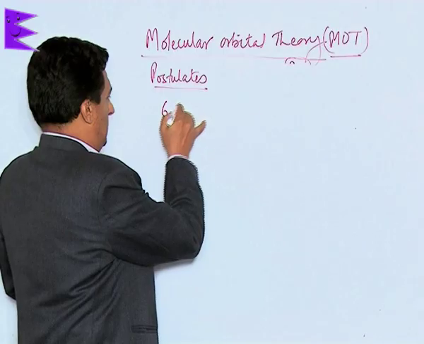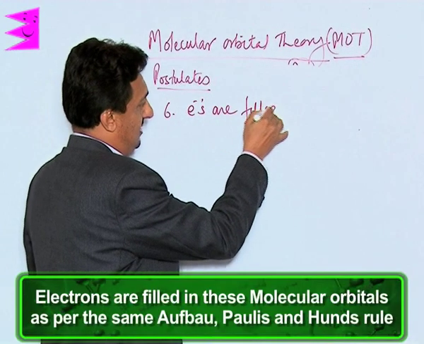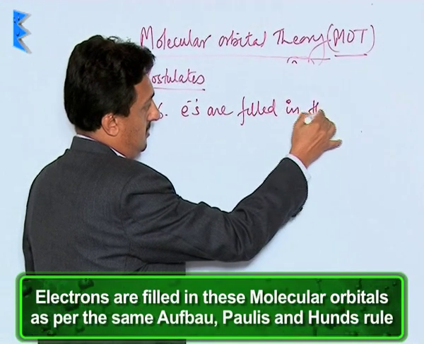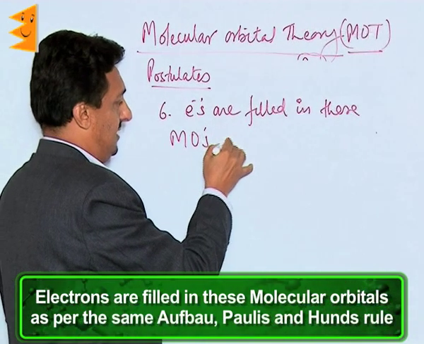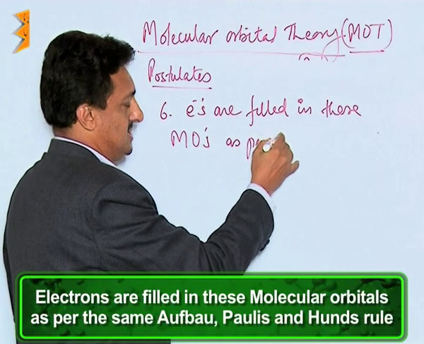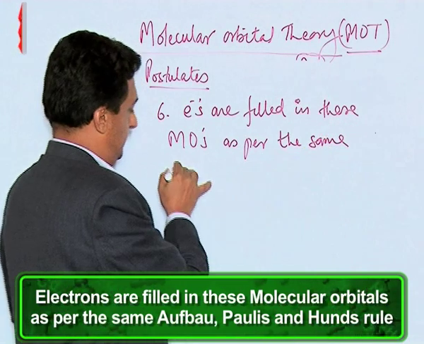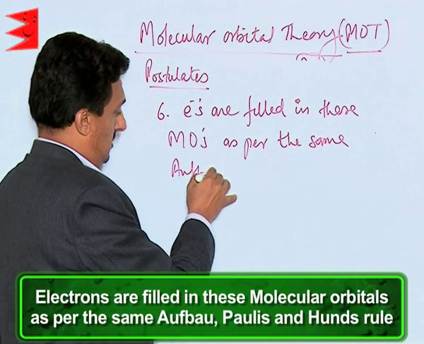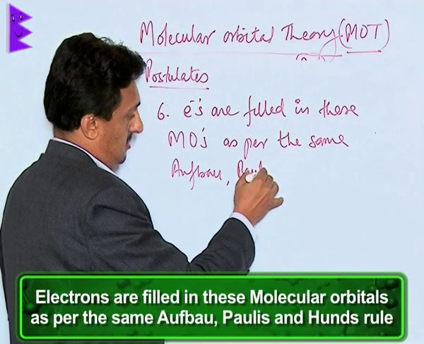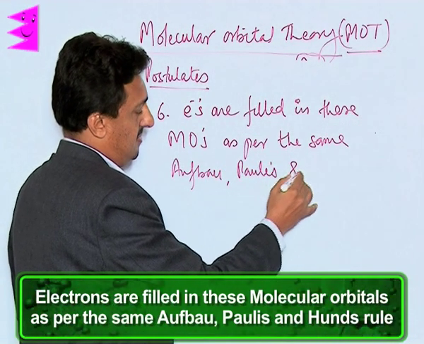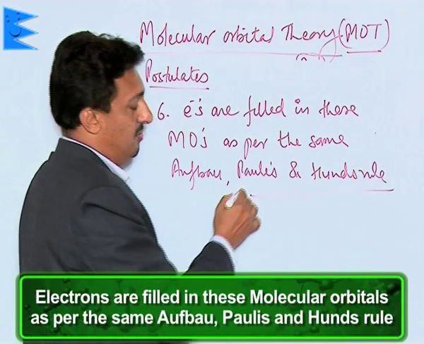Now, the next point: the electrons are filled in these molecular orbitals as per the same Aufbau, Pauli's and Hund's rule.